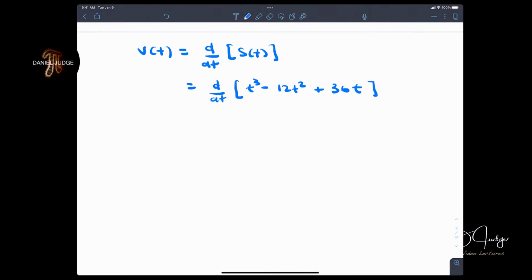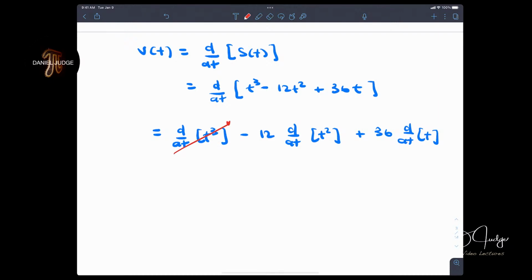Now, using properties of derivatives, you get d/dt of t cubed minus 12 d/dt of t squared plus 36 d/dt of t. Power rule: 3t squared, 2t, 1.